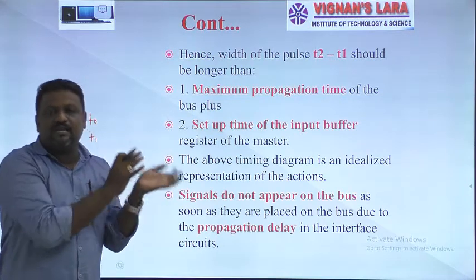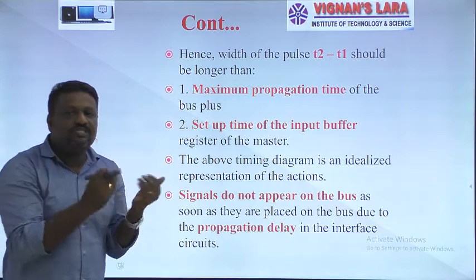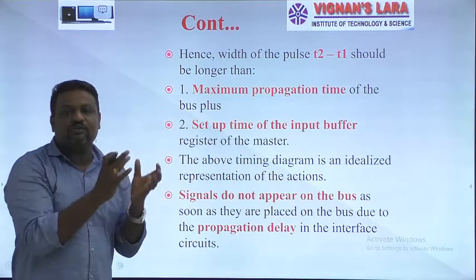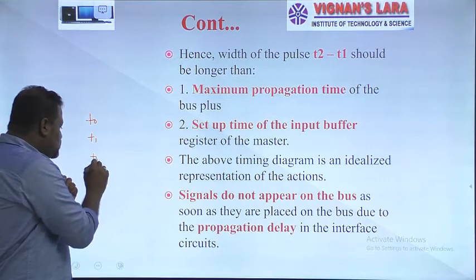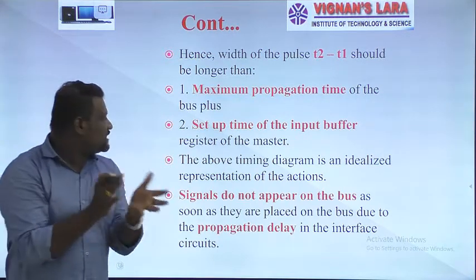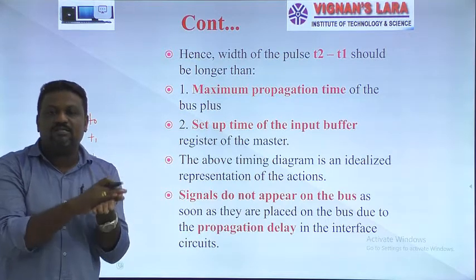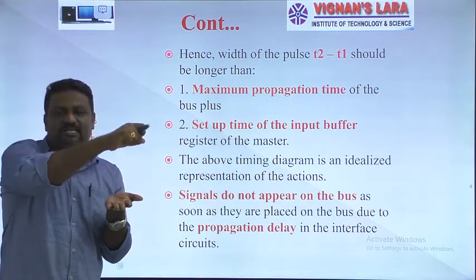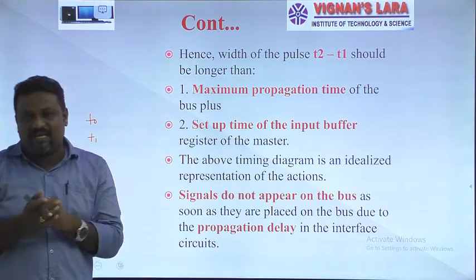They decode the received address and understand the commands issued by the master. That takes certain time, that is T1. At T2 the data transfer operation is finished. That is, the master or a slave has already placed something over the bus that can be captured by another device, which may be a slave or a master.